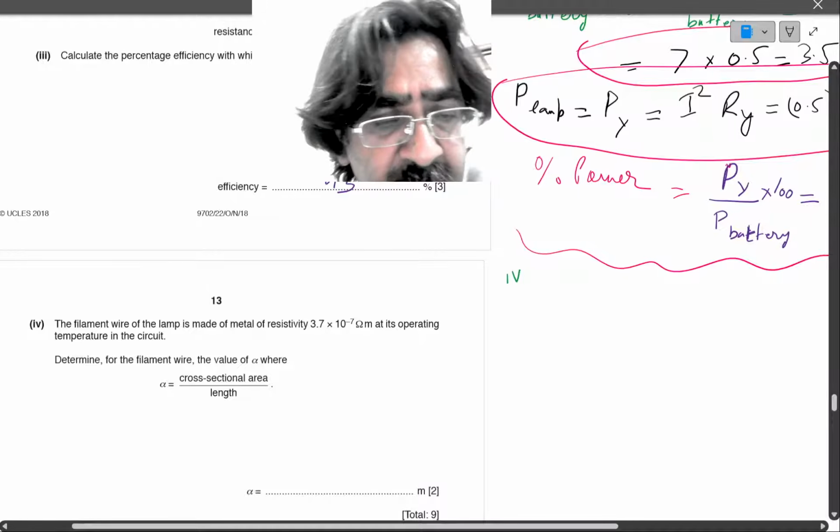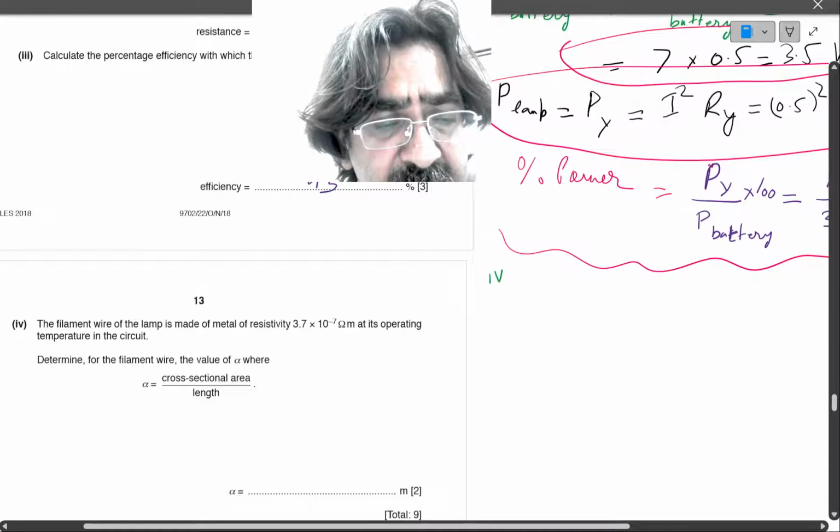Determine the filament wire's cross-section value where the current length.